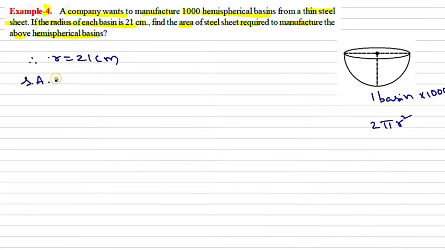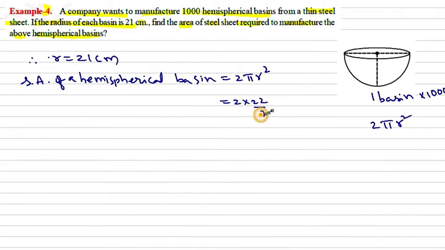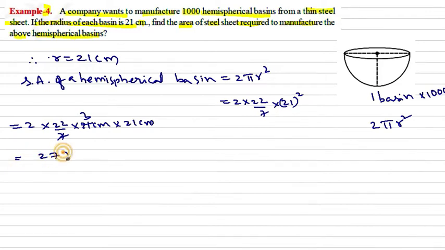So surface area of a hemispherical basin is equal to 2 pi r square. Now substitute the radius: 2 into 22 by 7 into 21 whole square, which is 2 into 22 by 7 into 21 centimeter into 21 centimeter. So 7 1s are 7, 7 3s are 21. Then we get the answer 2772 centimeter square. So this is the area for the one hemispherical basin.